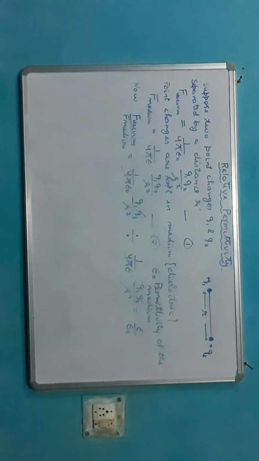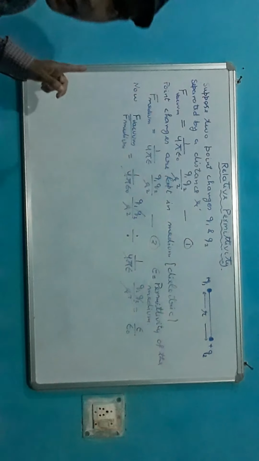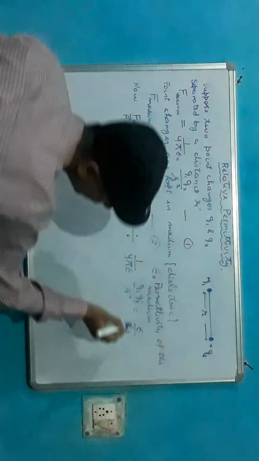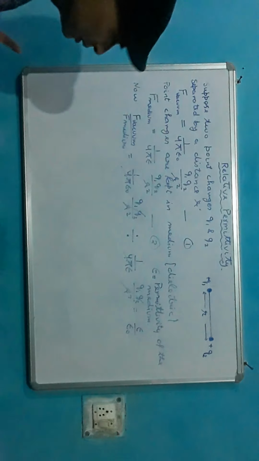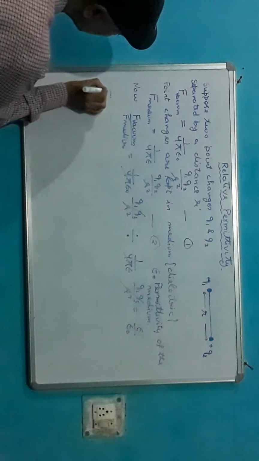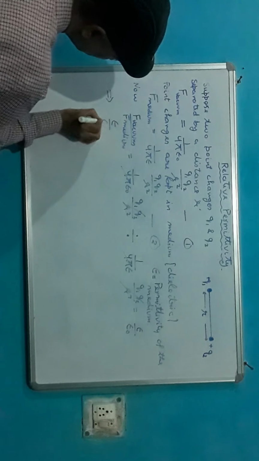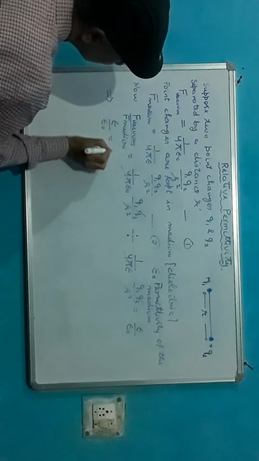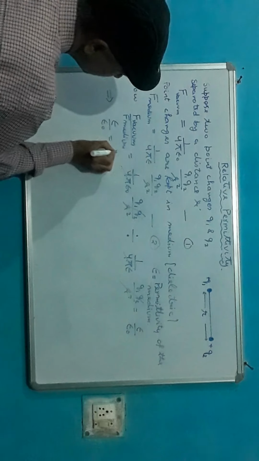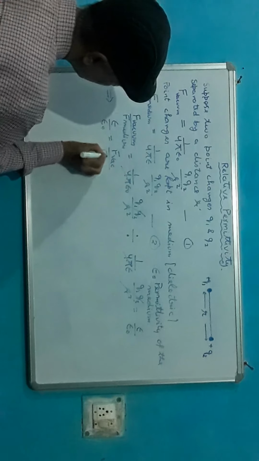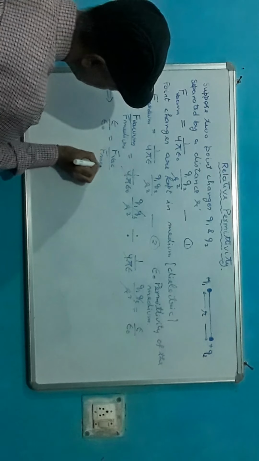So when I divide F vacuum by F medium, I get this expression. It implies that in the next step I can write epsilon upon epsilon naught is equal to F vacuum upon F medium.